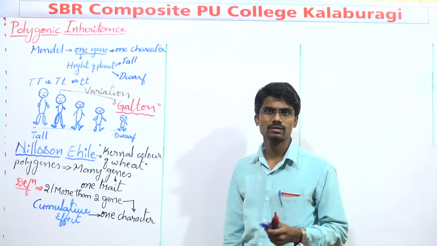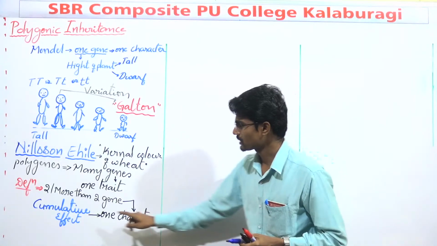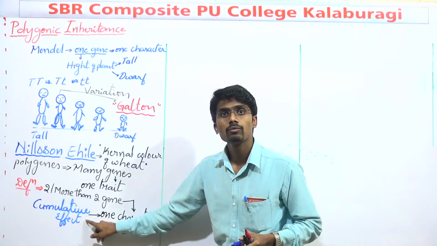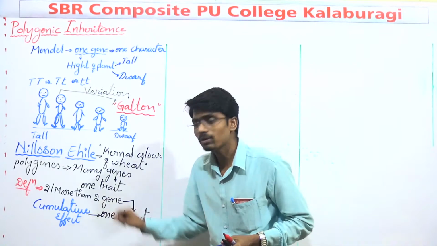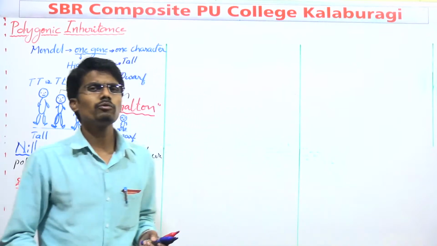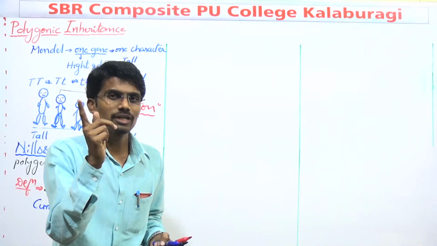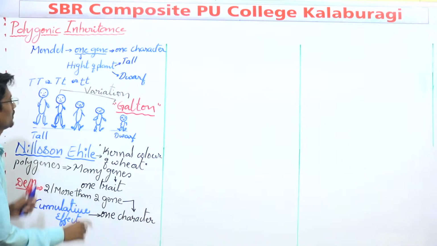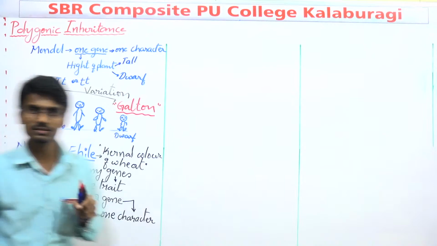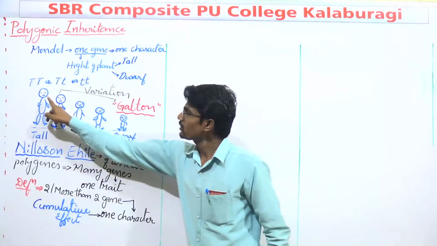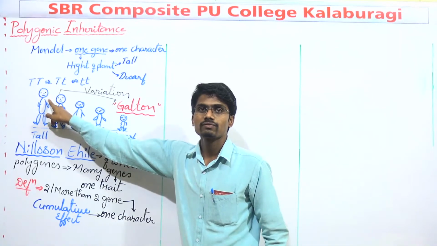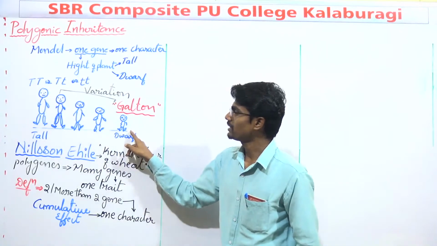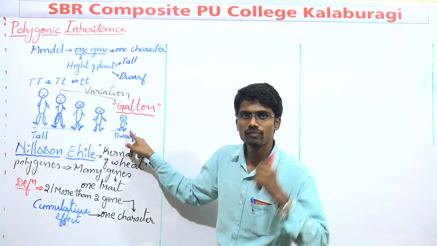Dear students, you may get confused with this term: cumulative, isn't it? What do you mean by cumulative? Cumulative means slight variation. I'll give you an example. You can take the height of human beings. He is very tall, you think he is 6 feet, and this man is about 4 feet.